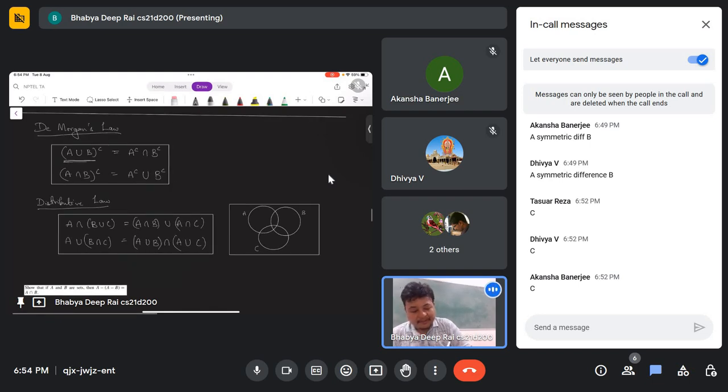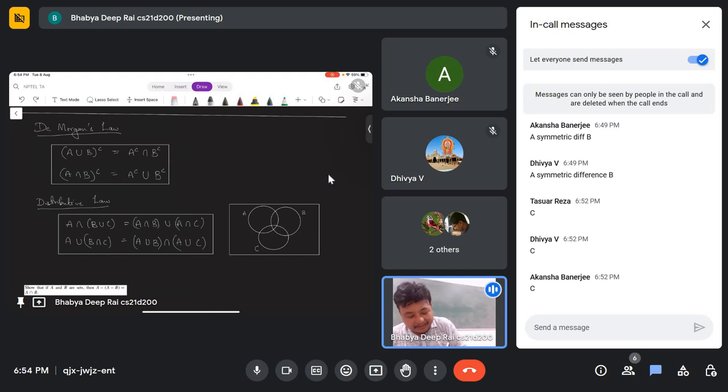For example, this complement is not just for A or just for B. It is a complement for A union B. Now, how do you do that? De Morgan's law says that I simply change the union to an intersection and then complement A and complement B. So A union B whole complement is just A complement intersection B complement.